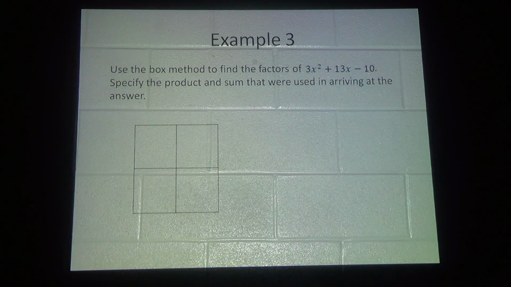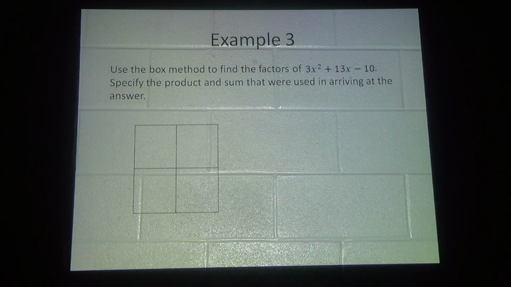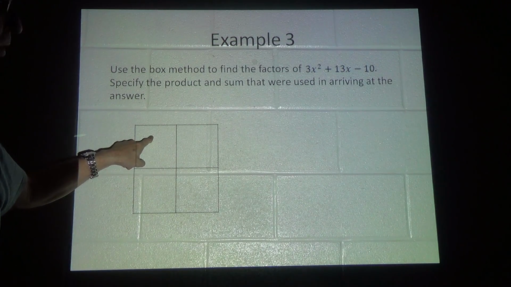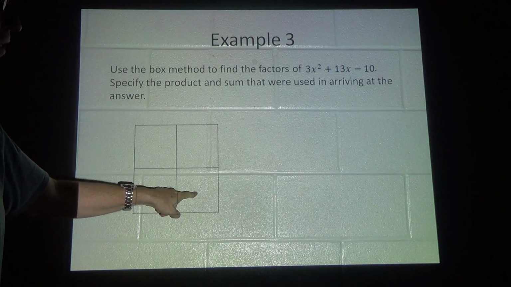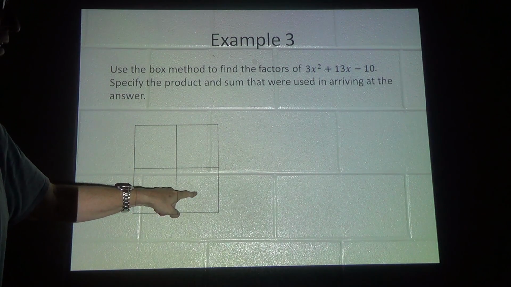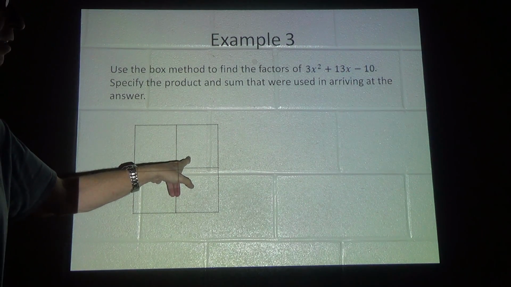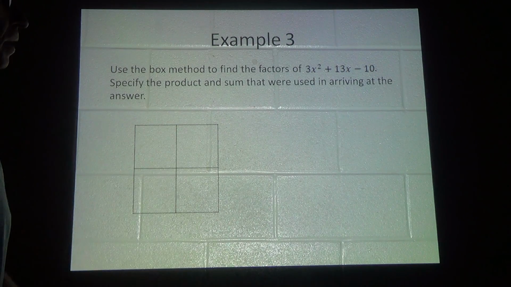Let's look at example 3. They want us to do the same thing to find the factors of 3x squared plus 13x minus 10. They want us to specify the product and the sum that were used in arriving at this answer. So once again we're going to have 3x squared here, negative 10 here, so that product is going to be negative 30x squared. Then we're going to have to find two things that give us negative 30x squared but add together to give us plus 13x.